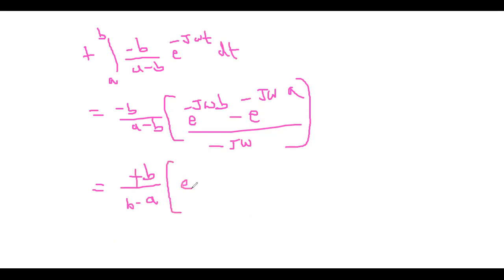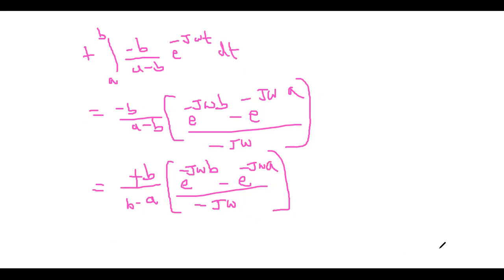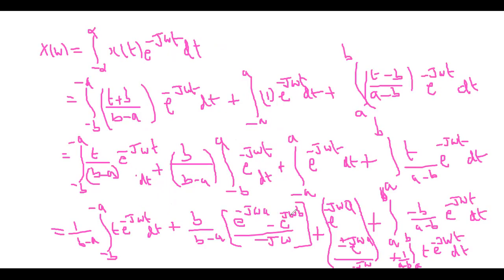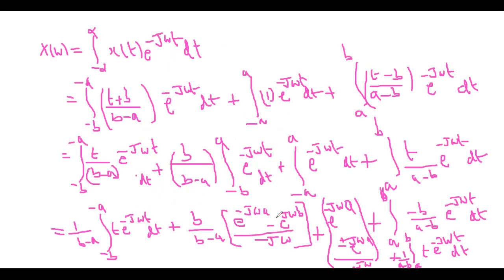Then e power minus j omega a, plus, and here the minus e power minus j omega b. It is also a minus, I think, students.